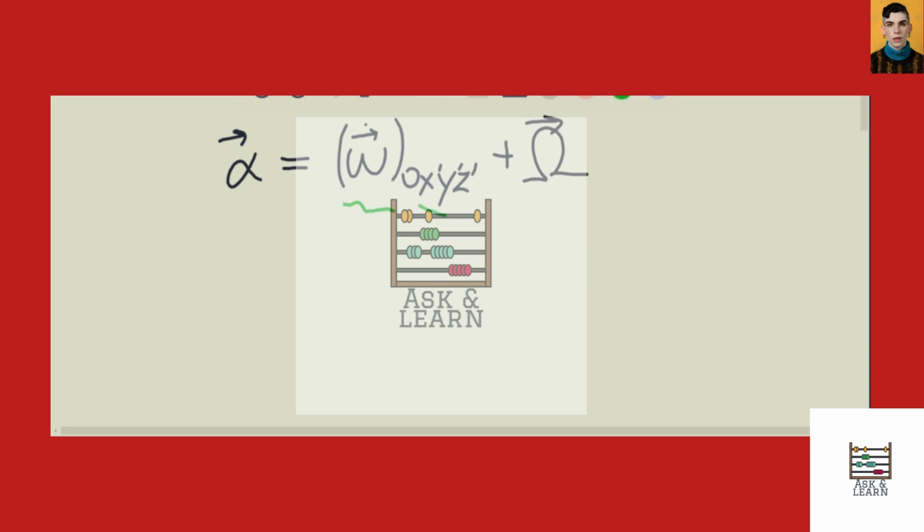This is the rate of change of the angular velocity as seen from an observer on the rotating frame. This omega capital is the angular velocity of the rotating frame, and this omega small is the angular velocity, specifically now for the rotor as seen from an observer on the rotating frame.